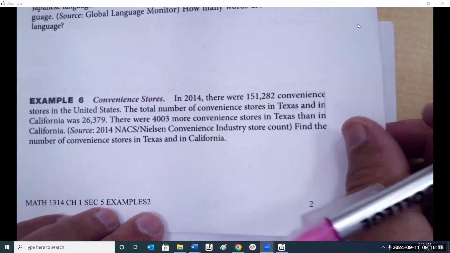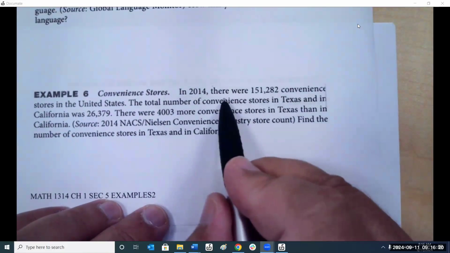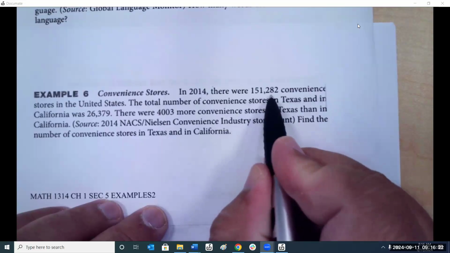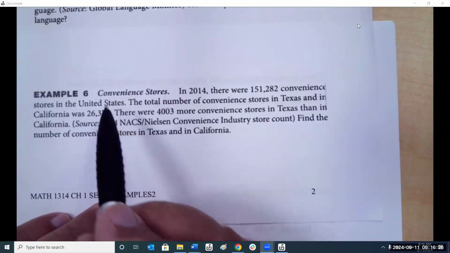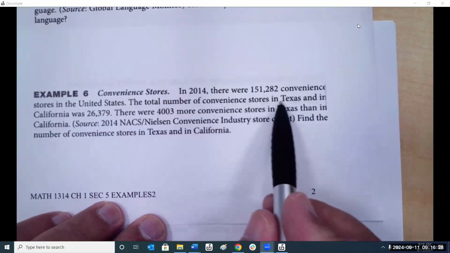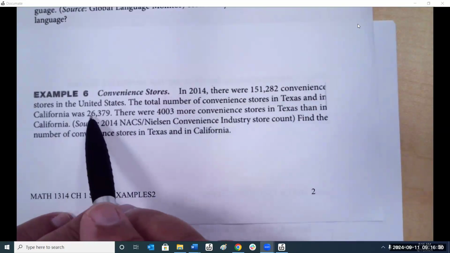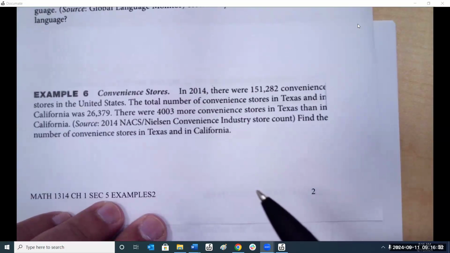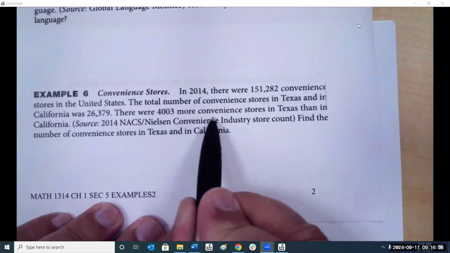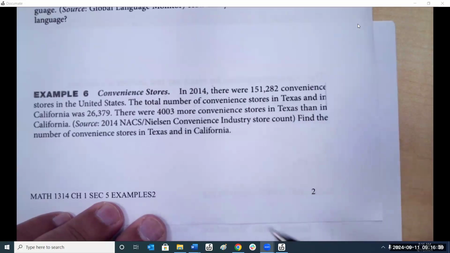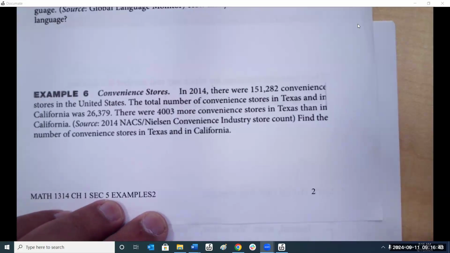Example 6, convenience stores. In 2014, there were 151,282 convenience stores in the United States. The total number of stores in Texas and California was 26,379. There were 4,003 more stores in Texas than in California. How many in both states?